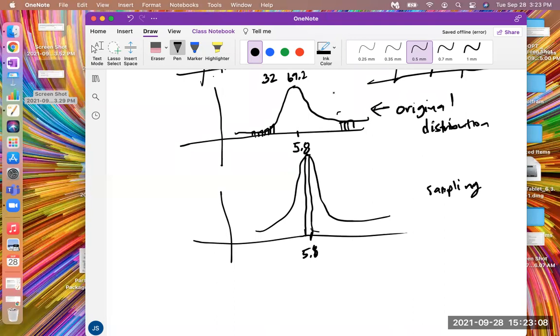Because you're less likely to find a sample of 186 people and have it be an oddly large height or oddly small height, like the 6'4" I mentioned. So these tails are going to be really short, and it's going to be really concentrated. Almost everything is located in the center.